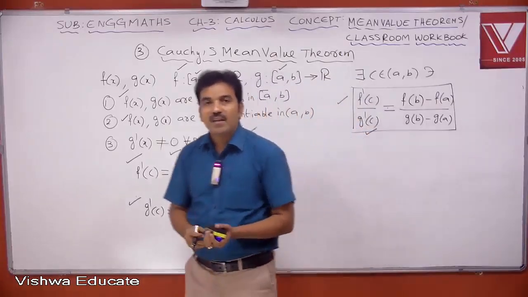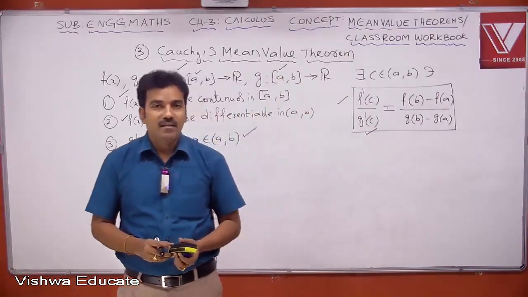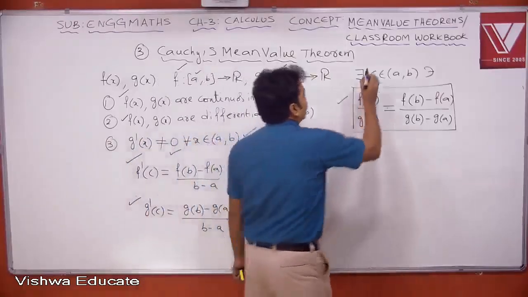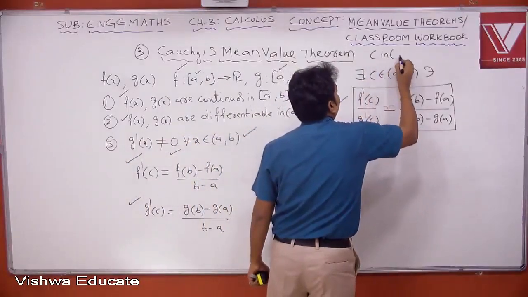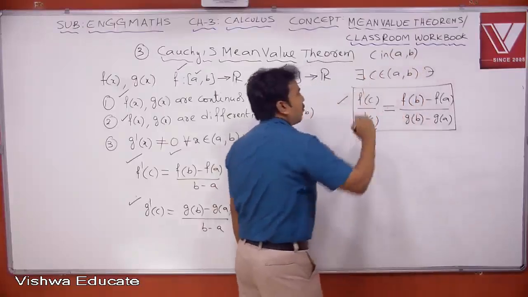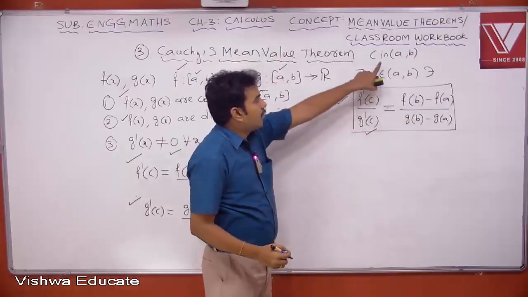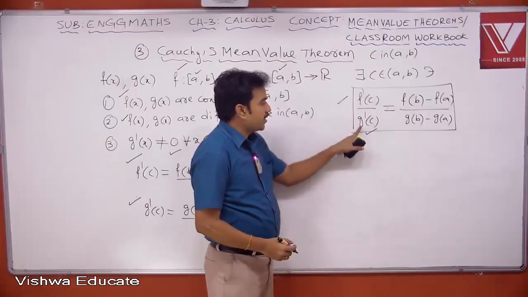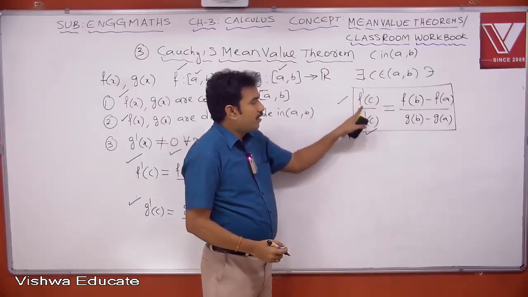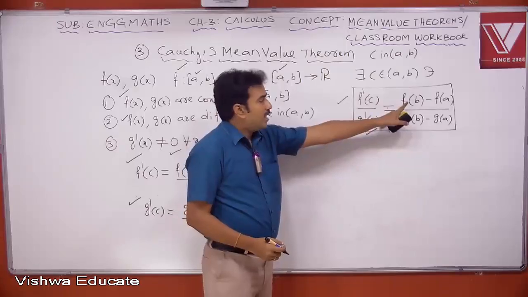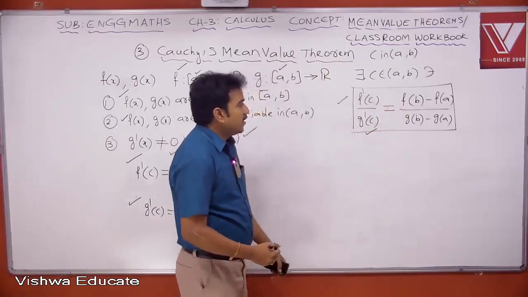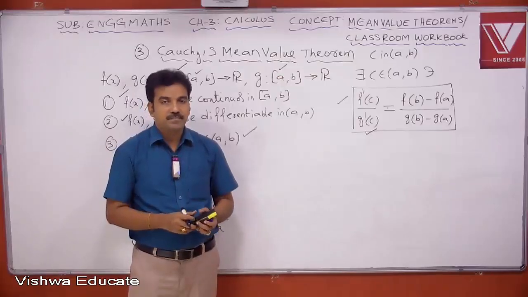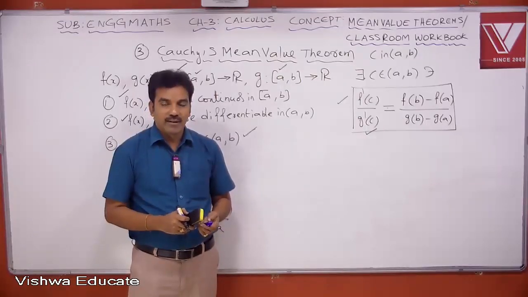Then at least at one point, say C in open interval a comma b, f dash of C by g dash of C equals f of b minus f of a by g of b minus g of a. Highlight this point. Hope you understand this.